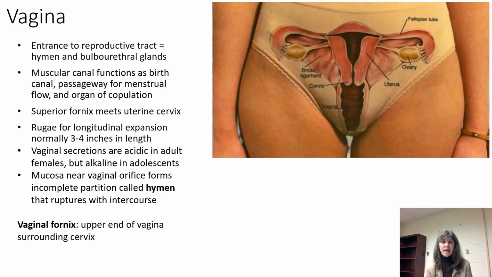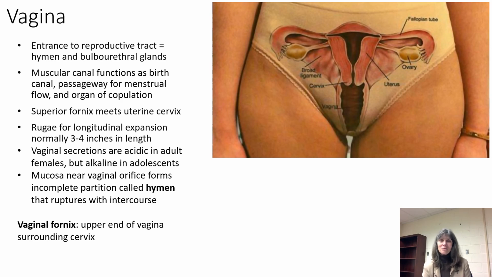There is a superior fornix of the vagina, which is that indented region where it meets the cervix. If you look closely at this picture, you'll see that the cervix comes down and there's an indented area around that opening for the cervix and around the cervix, and that indented area is the superior fornix.